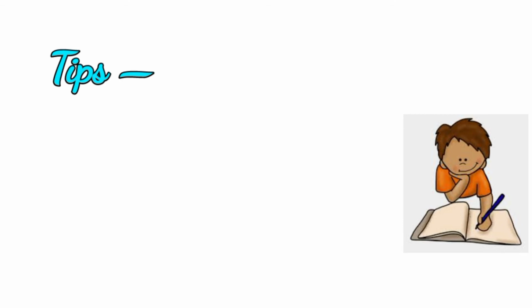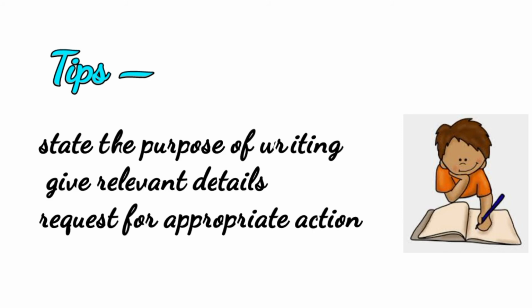And now for some general guidelines that will help you write a formal letter effectively. Whenever you begin writing a formal letter, you must clearly state the purpose of writing your letter right in the beginning, after which you should follow it by giving relevant, means related or important details about the topic.